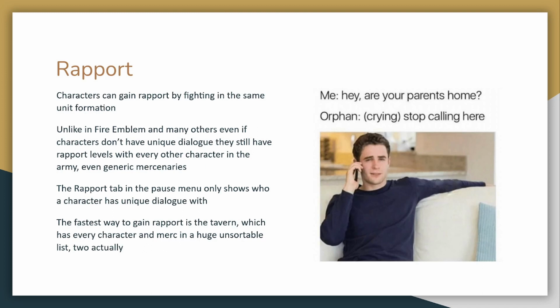There's one list for picking who you want to eat, and then one huge list for every single person that they have a rapport with, which is every single unit in the army. So, if in the late game I wanted to increase the rapport between one unit and another, I have to sort through 114 different characters in a list.